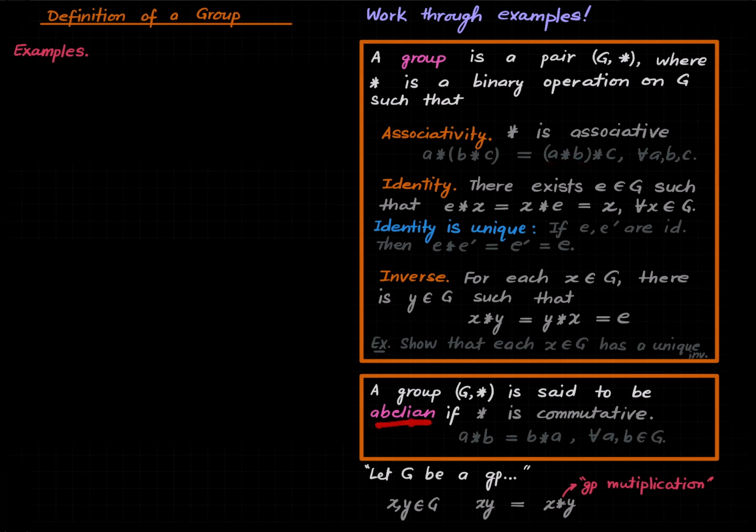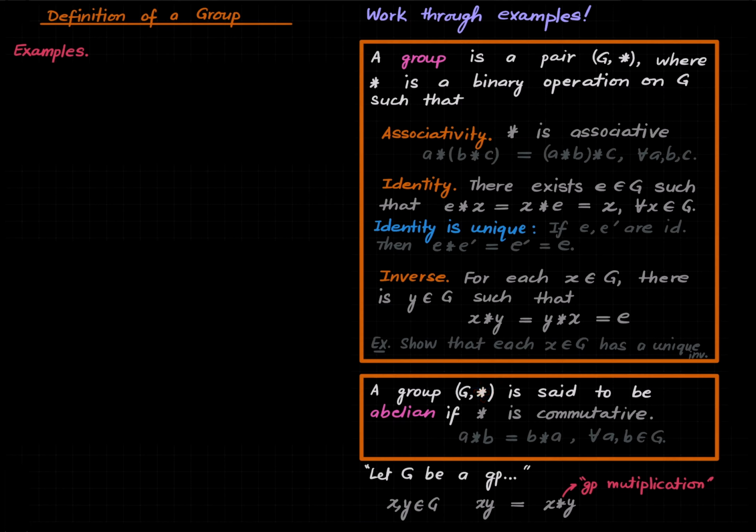When the group is abelian, it is customary to not use the symbol star, but use the symbol plus, so that the abelianness, the commutativity of the group is emphasized. So when your group is abelian, instead of star, you usually write a plus.